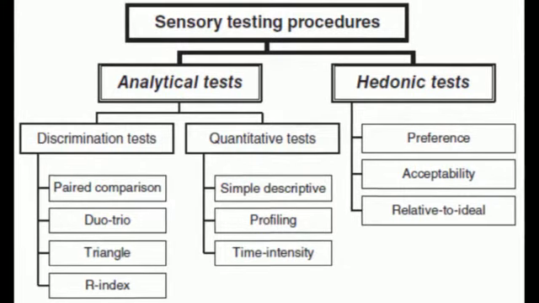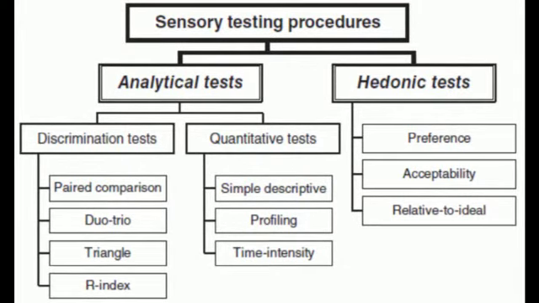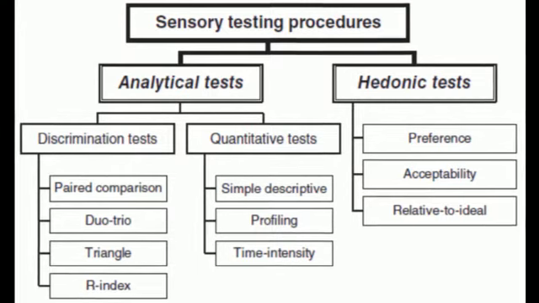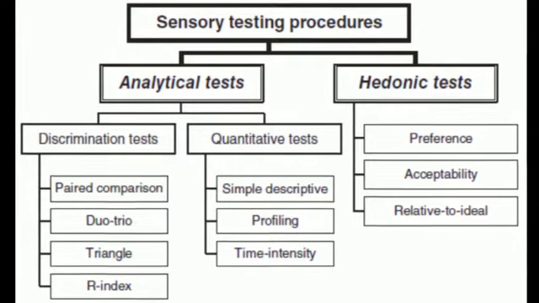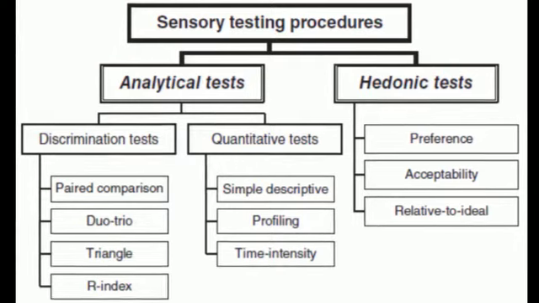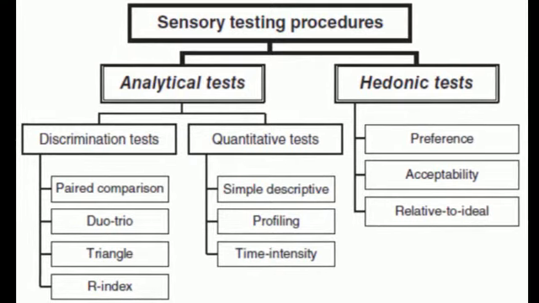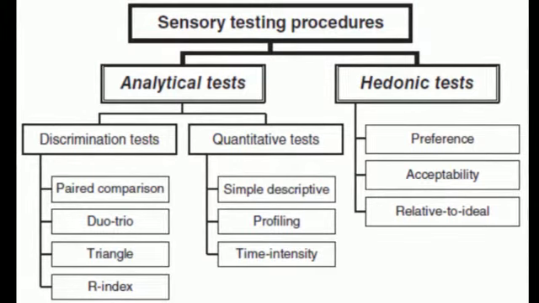The simple descriptive, profiling, and time intensity all come under quantitative tests, and paired comparison, Duo-trio, triangle, R-index tests come under discrimination tests. Now let us see them in detail.